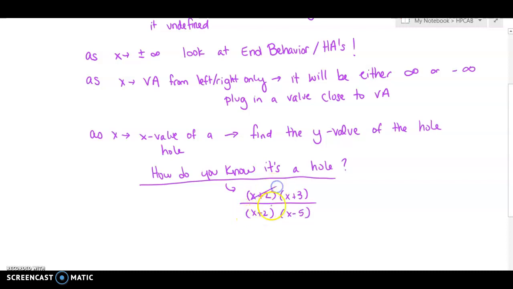If you notice, the x plus 2's are going to cancel. When these types of factors cancel out, that means there's going to be a hole. In this particular case, it'll be a hole at x equals negative 2.